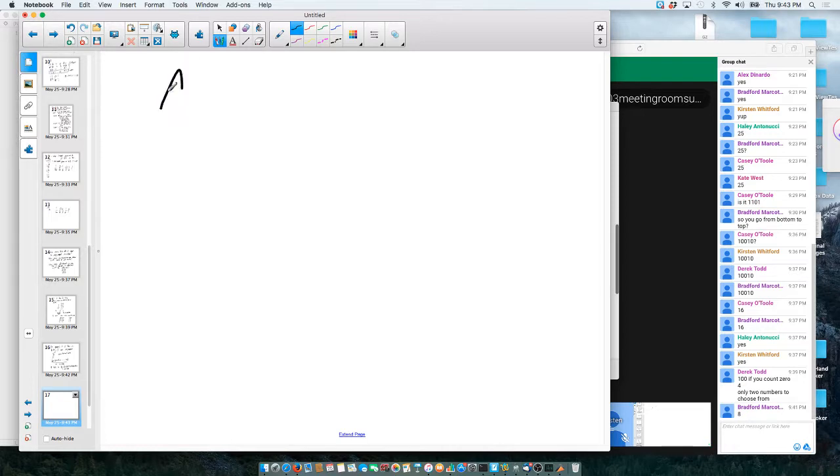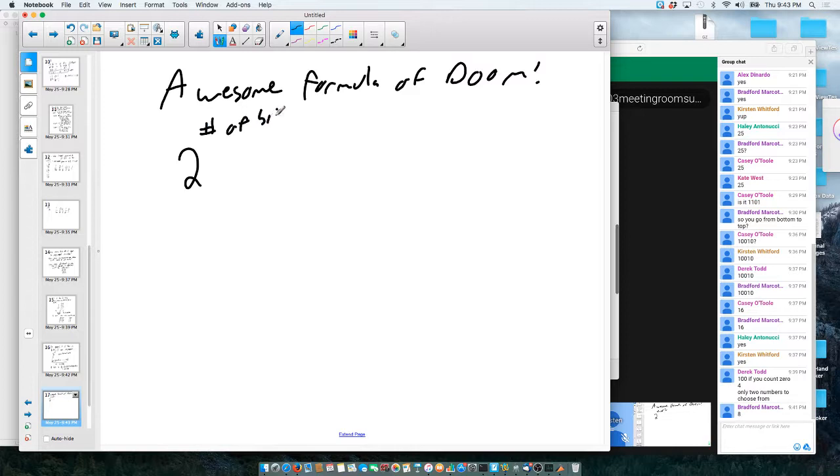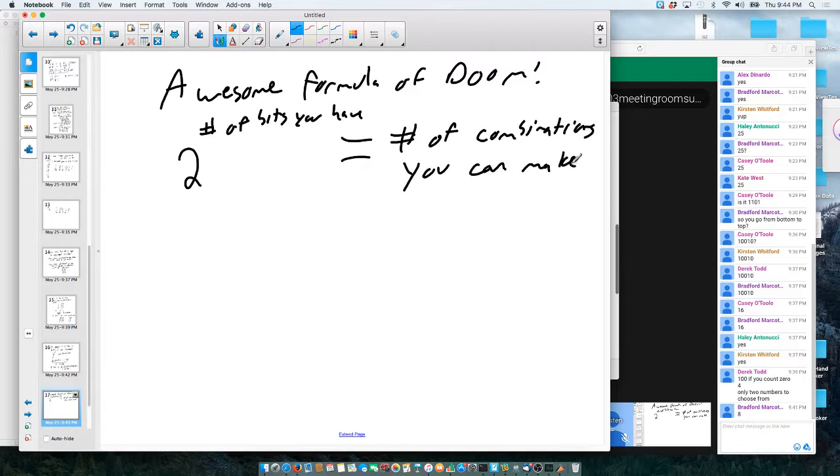So I call it the awesome formula of doom. 2 to the number of bits you have equals the number of combinations you can make. Okay, so 2 times 2 times 2 times how many 2's you have tells you how many combinations you can make.